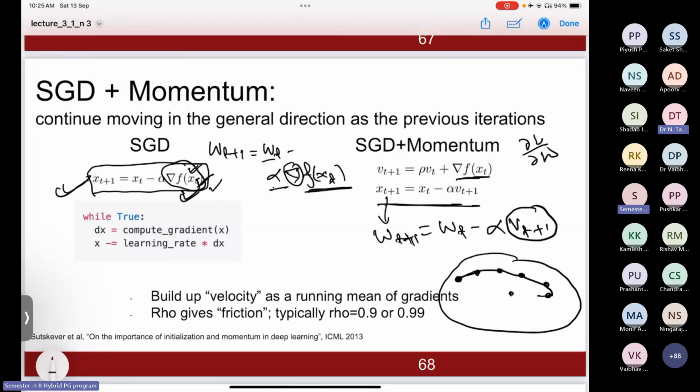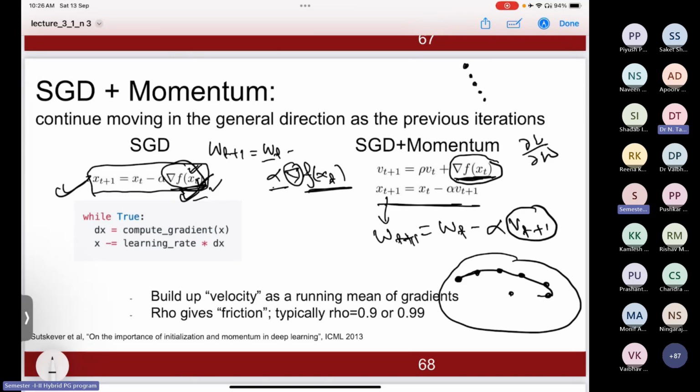Now if I relate this with this, this part can be seen as the current speed or current velocity or current gradient. This gradient is coming from the particular batch. You started with batch 1, batch 2, batch 3, batch 4, batch 5.